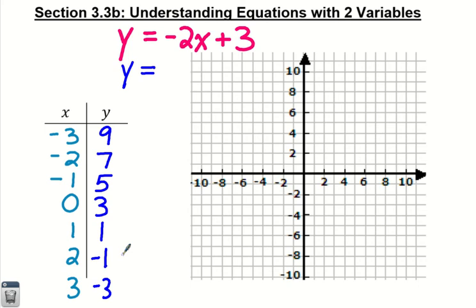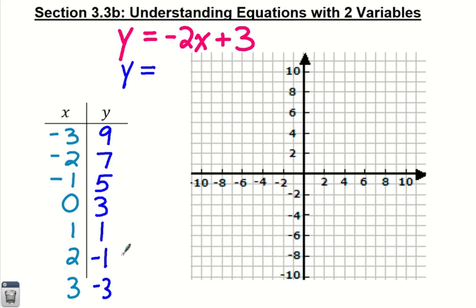Couldn't I plug in -pi for x? Couldn't I plug in the fraction 57 over 101 for x? Couldn't I plug in that nasty number for x and I would get some answer to go along with it for y?